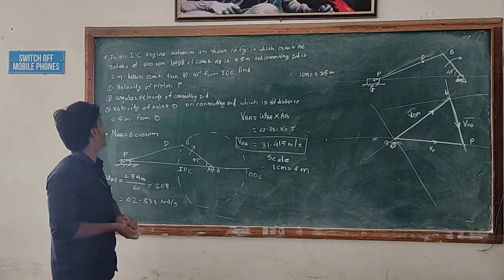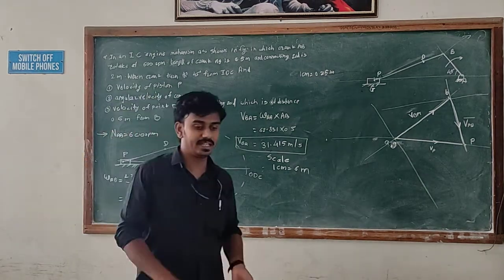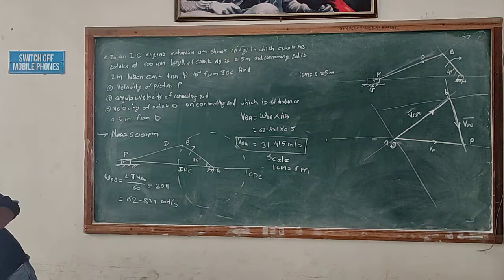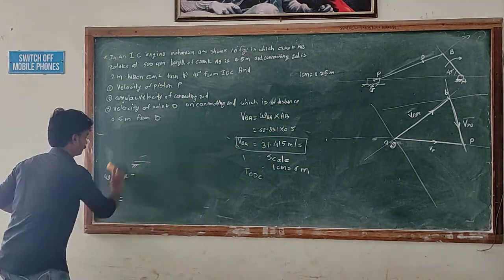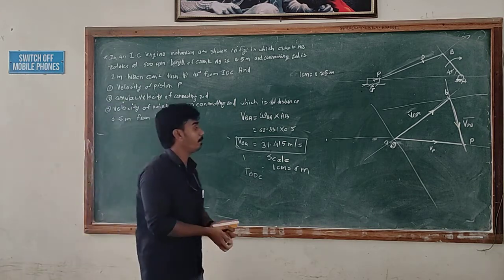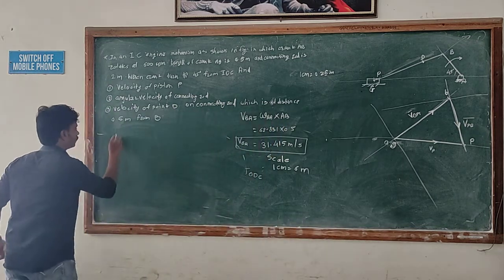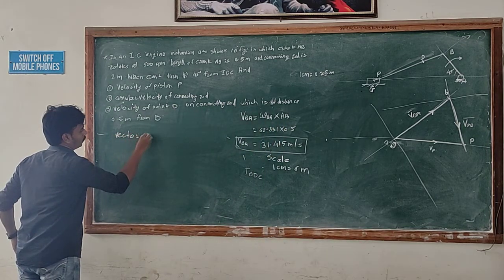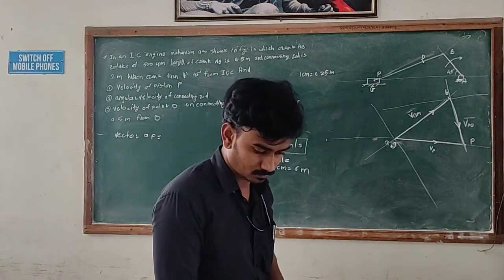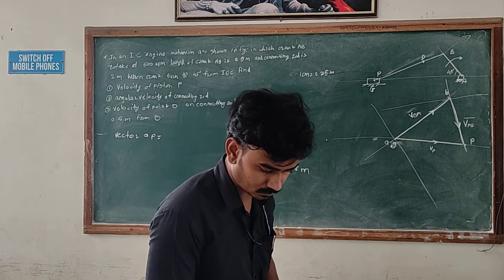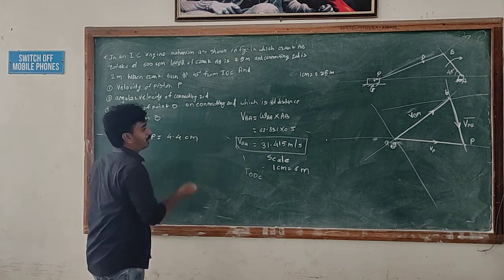Now we have to find out, they ask first to find the velocity of the piston. So first of all, measure this distance AP. Vector AP is equal to 4.4 centimeter when we measure using the scale.